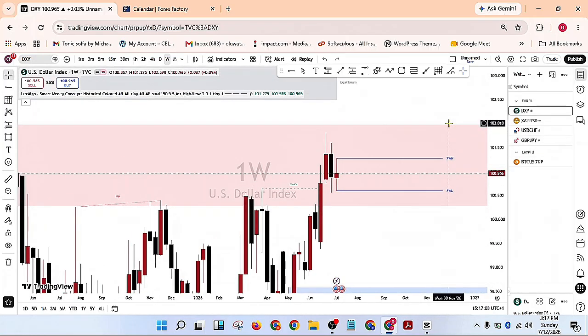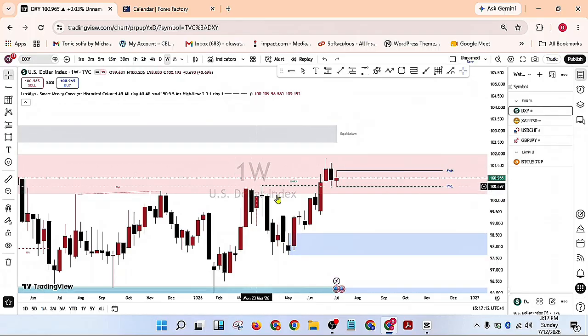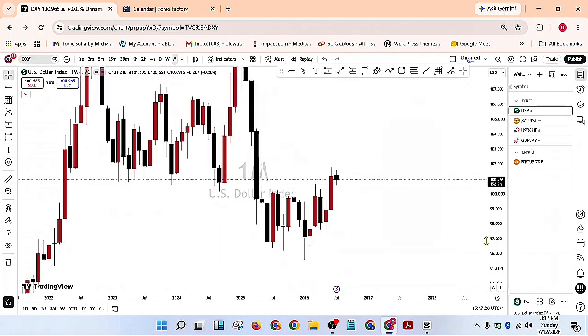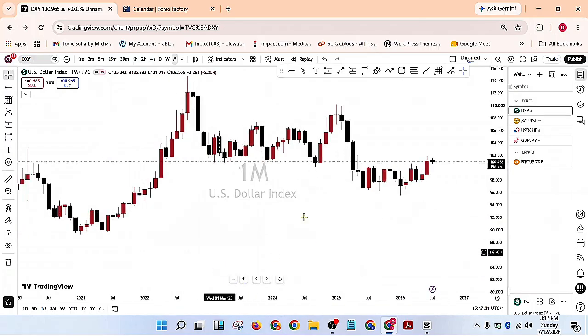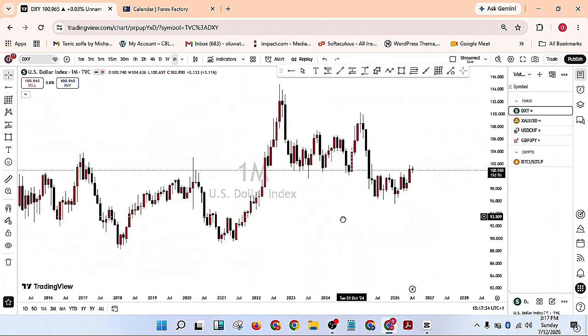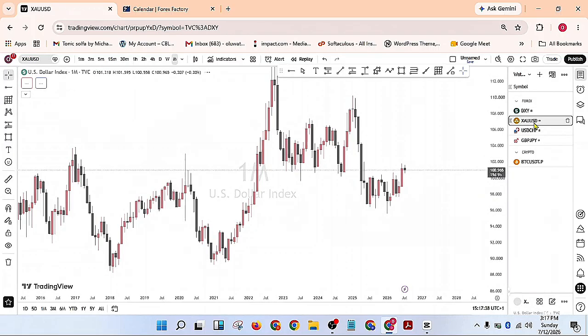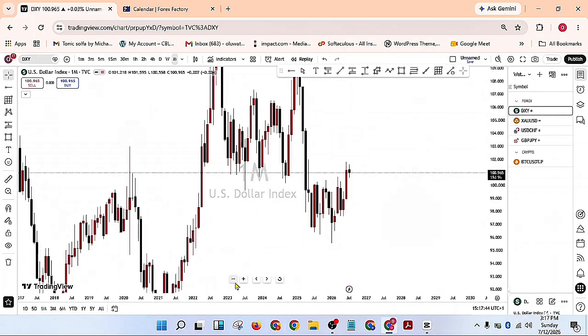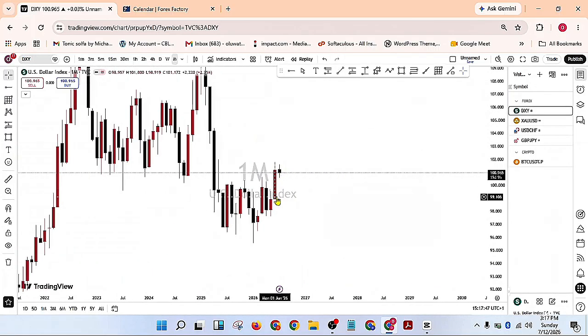That's for DXY. Even though DXY is very, very bullish, most especially on the monthly time frame, the reason we'll be looking for a short-term sell is that the previous candle printed a bullish candle.